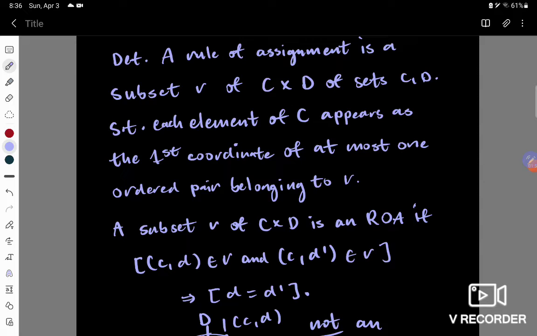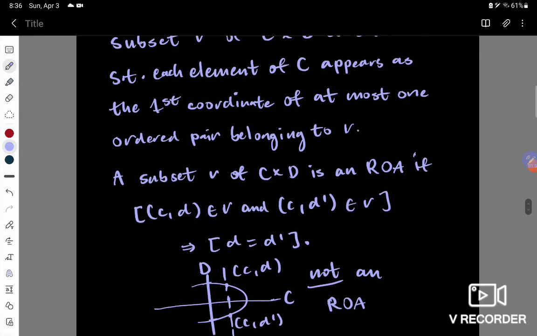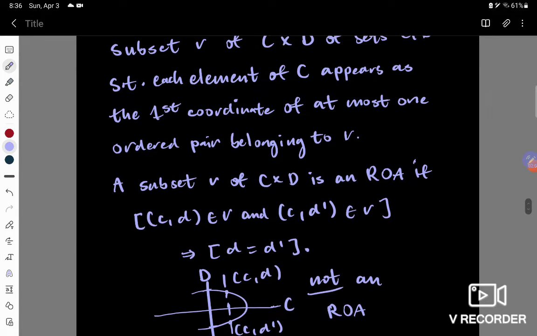Now, if this is a bit wordy of a definition, we can write this out in a logical implication. So this is the condition for defining whether some subset of a Cartesian product qualifies as a rule of assignment or not.